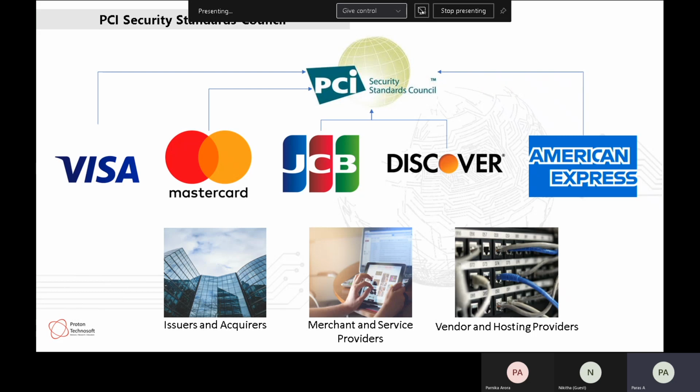So Visa will share their own security requirements. MasterCard will share their own security requirements, and likewise for the remaining 3 payment brands as well. Now, it was becoming really difficult for a merchant to comply with all 5 different security compliances from all 5 different payment brands.